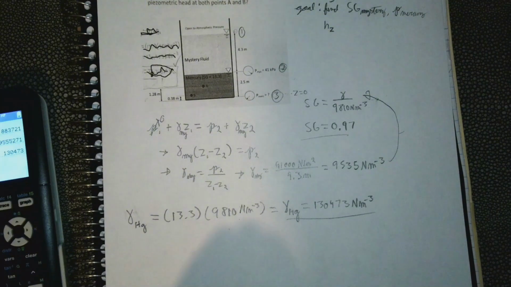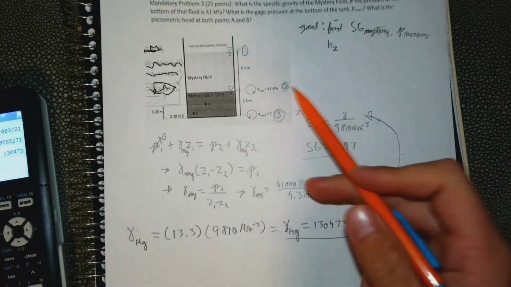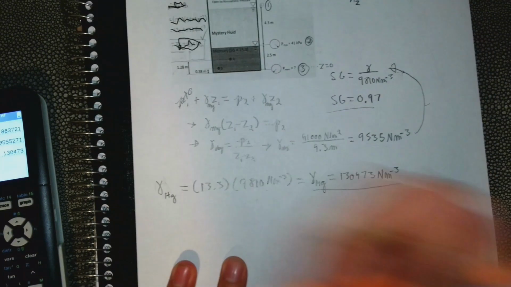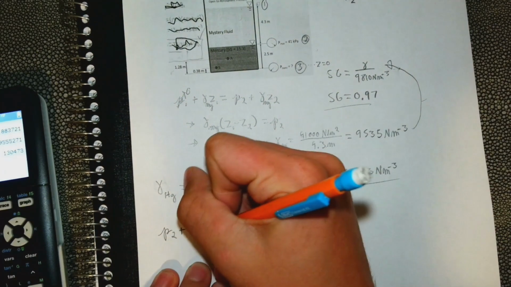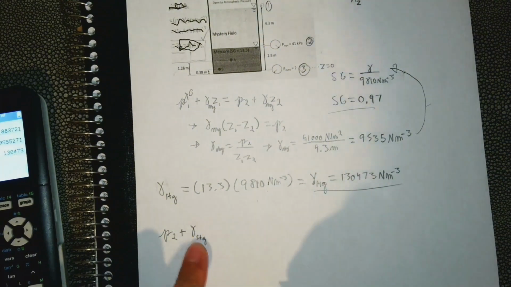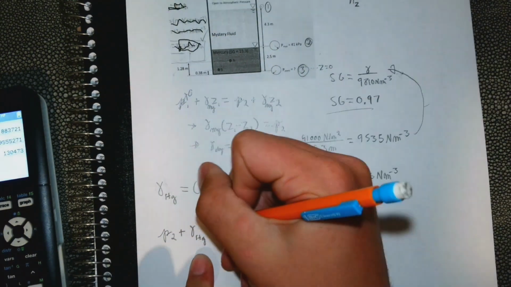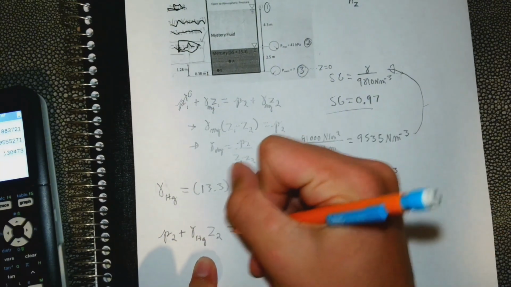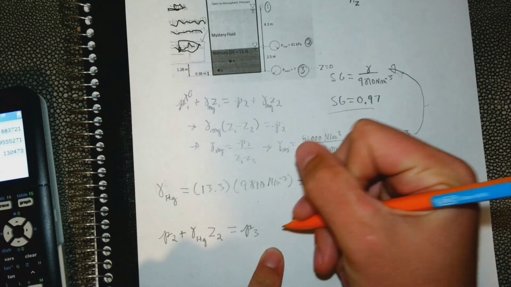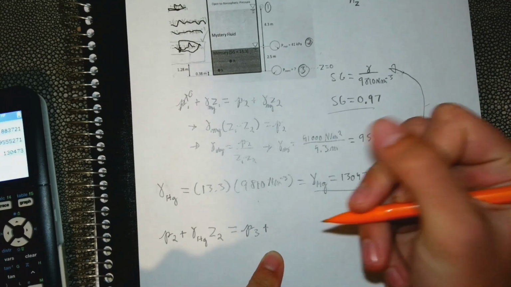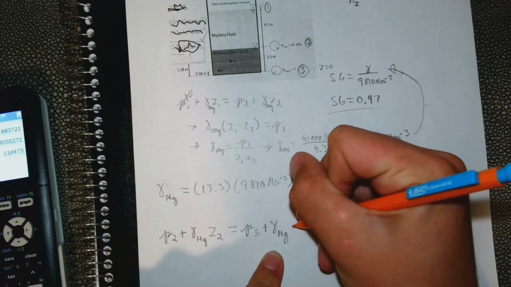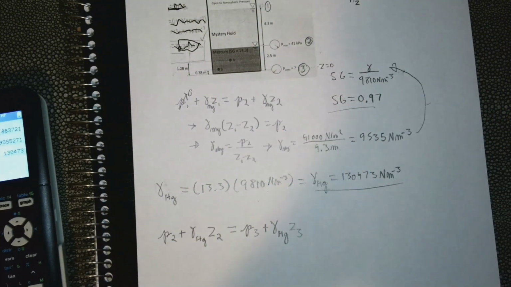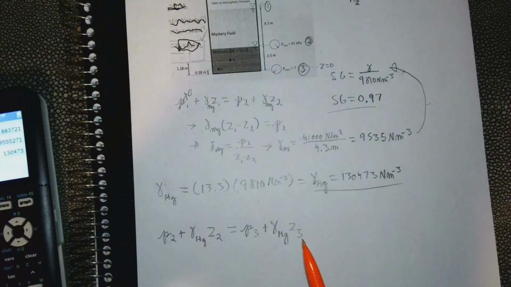Okay, so that'll be useful when we do the hydrostatic equation between point 2 and 3. So we get P2 plus, and we're in the liquid mercury right now, equals pressure 3 plus. Okay, so that's the hydrostatic equation. We're trying to find P3 in this instance, right?